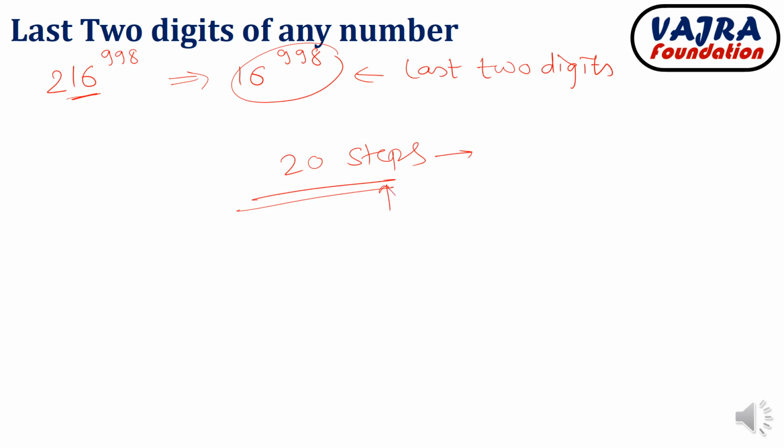In most cases, the maximum cycle will be 20. It can be either 1, 2, 4, 5 or 10, whatever it is, but the maximum is 20. So in order to calculate the last two digits of any number, we will follow the process ahead.